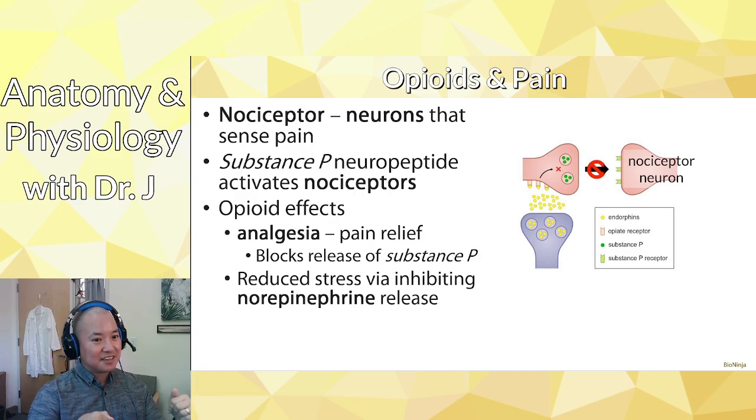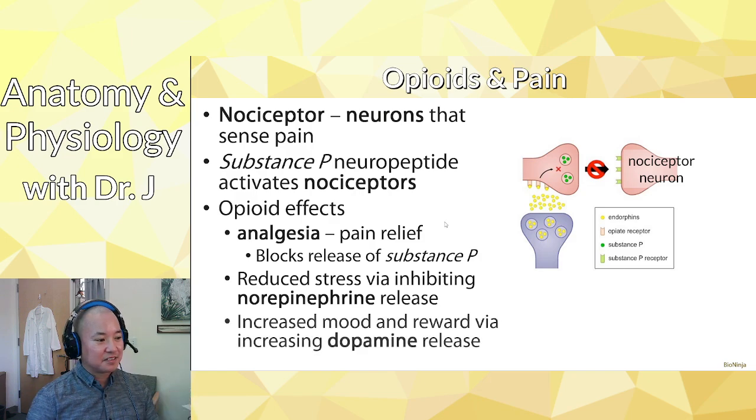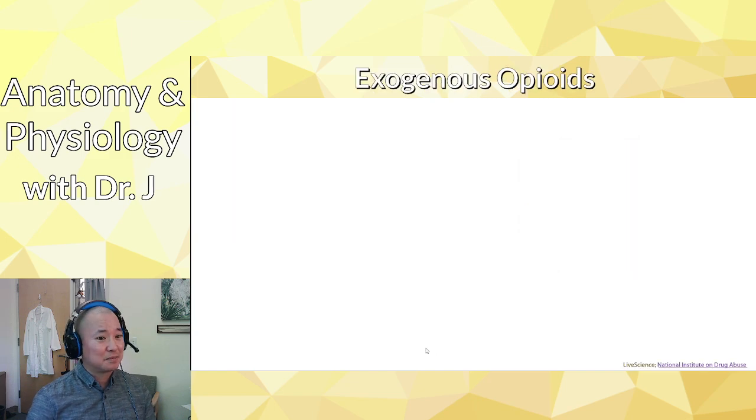So it's more of a lowering effect, not really stimulatory. But it also increases dopamine release. This is why opioids make some people feel good, because they're getting more of that feel-good neurotransmitter. Unfortunately, dopamine is also potentially addictive, and that's why opioids are potentially addictive, because they affect dopamine.